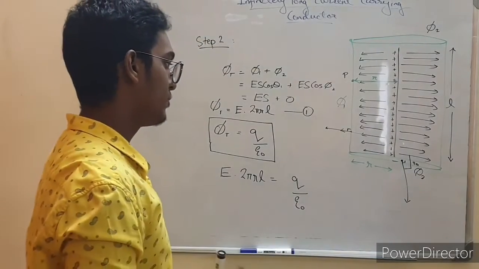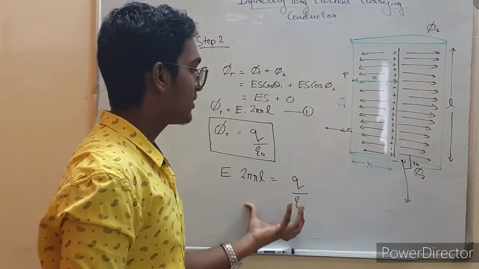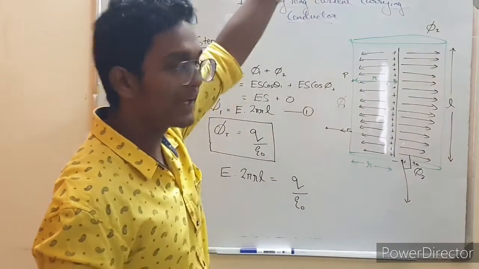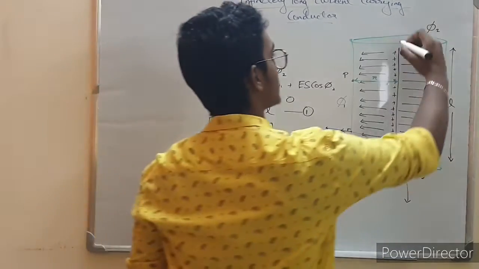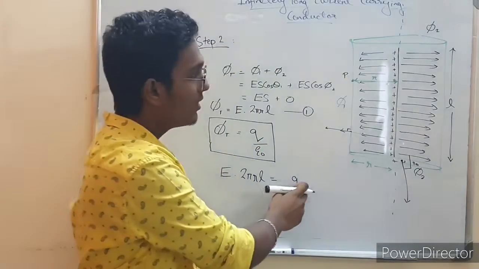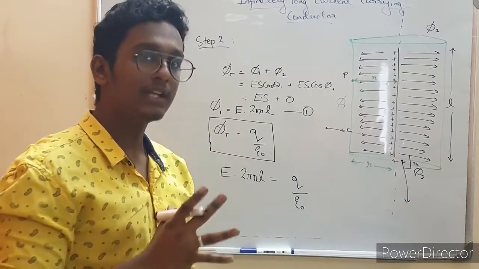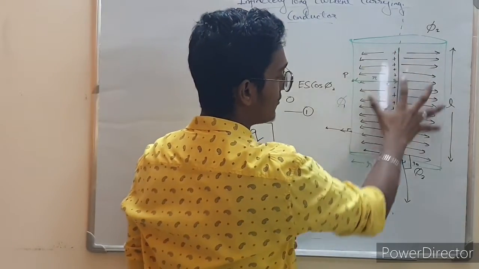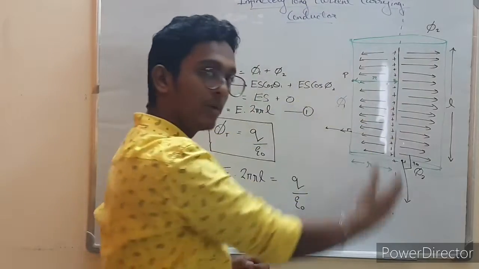But before that, we need to do one more modification, and that is Q is the amount of charge present inside, but that is for the entire infinite conductor. We do not need that because we haven't considered that. There's so much more infinite left on either side. So we cannot consider this Q in this Gaussian surface, because a Gaussian surface has a finite amount of charge inside it, and we have specifically drawn the Gaussian surface only for this part. So we need the charge only in this part and not towards infinity.